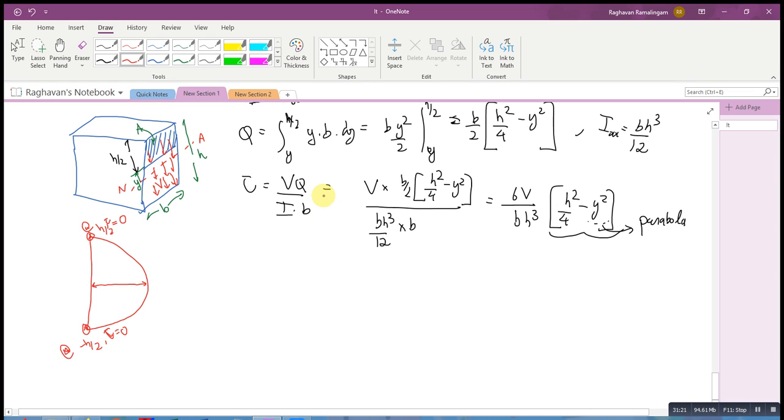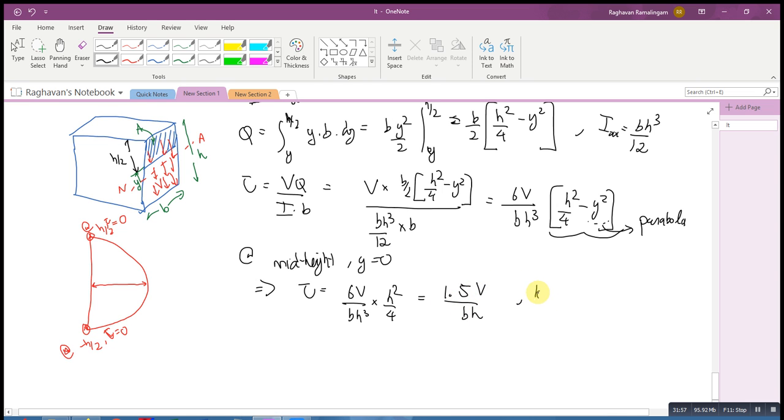Now, at mid height or mid depth, y equals 0. So this gives me tau equals 6V by bh cube into h square by 4. Simplify this, you will get 1.5 V by bh.